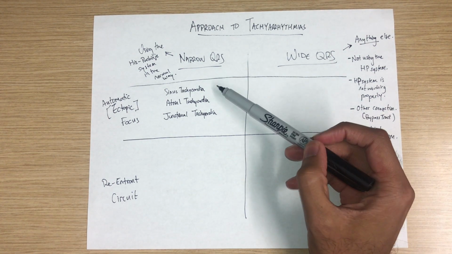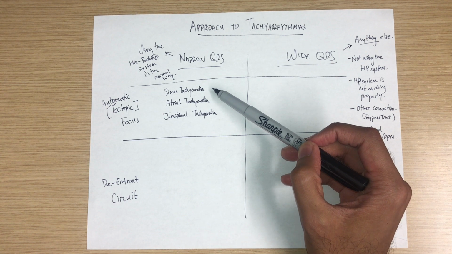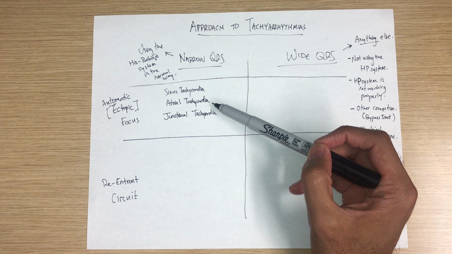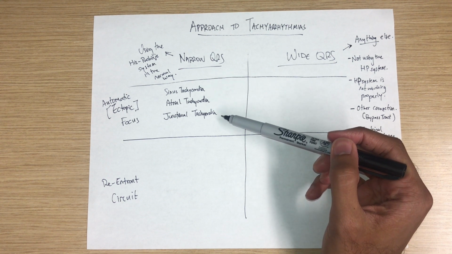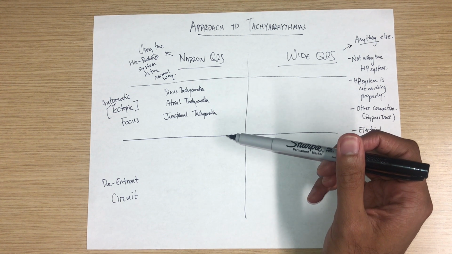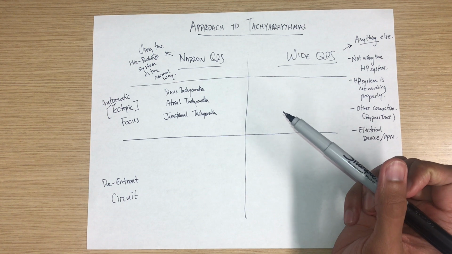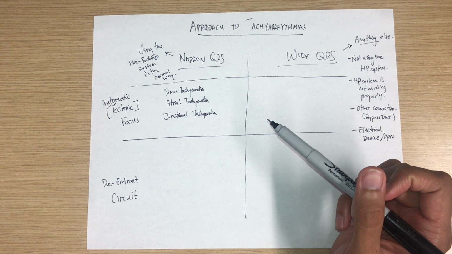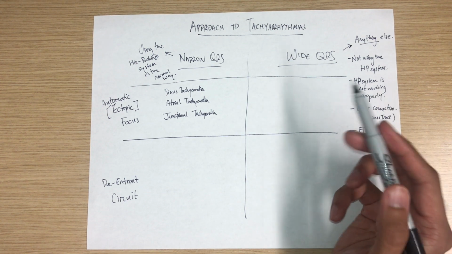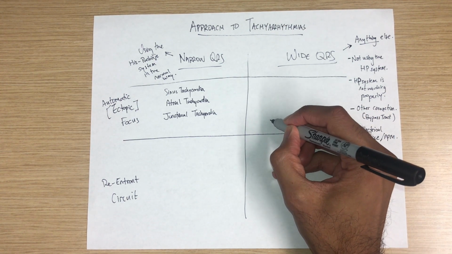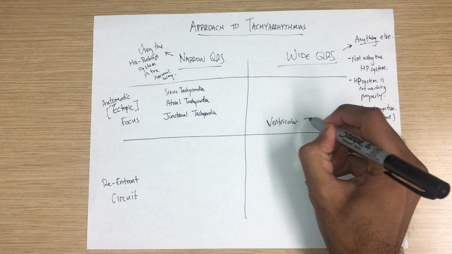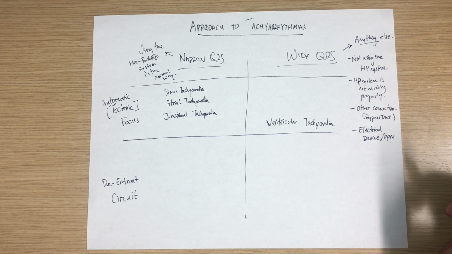So sinus tachycardia, the focus is in the sinus node. Atrial tachycardia, the focus is in the atrial tissue. Junctional tachycardia, the focus is in the AV junction. If the focus is in the ventricle, then that results in ventricular tachycardia, which of course has a wide QRS. And these are sort of the most common automatic focus rhythms.